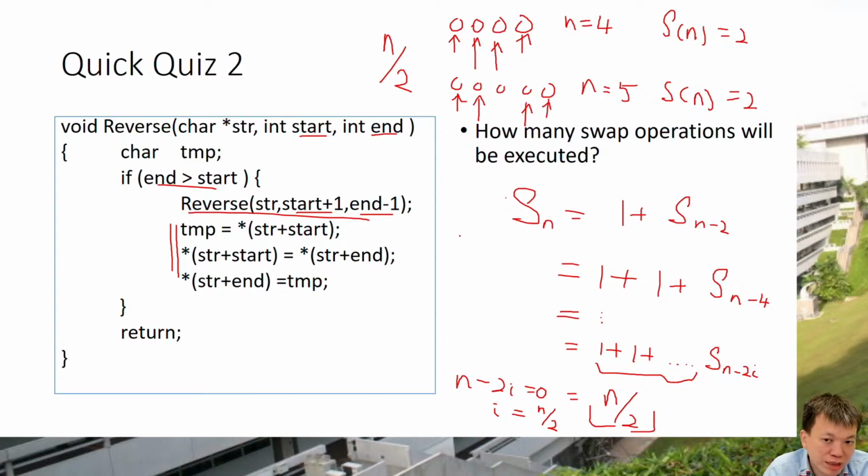When it's an odd number, there's one element where you won't execute the swap. Actually, it depends on this line. If you put equal, then you will become the floor. Okay? So that is the backward substitution method.